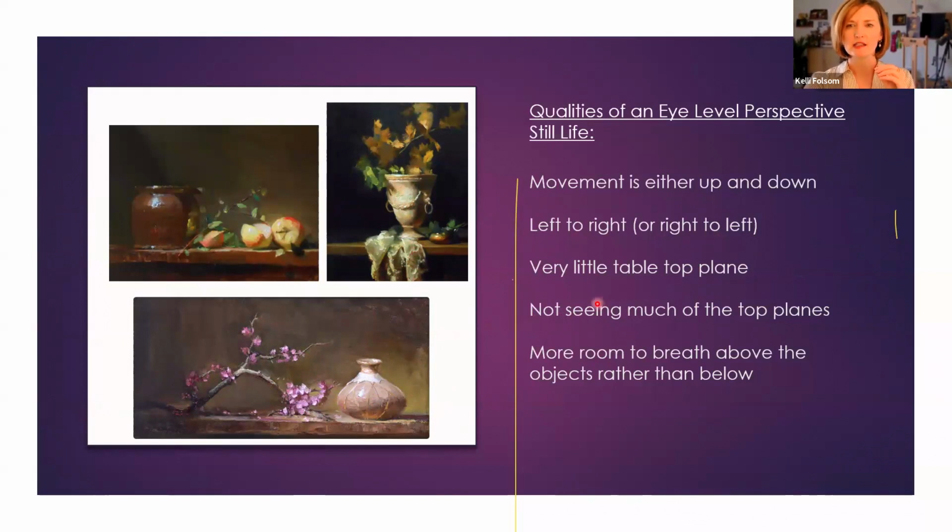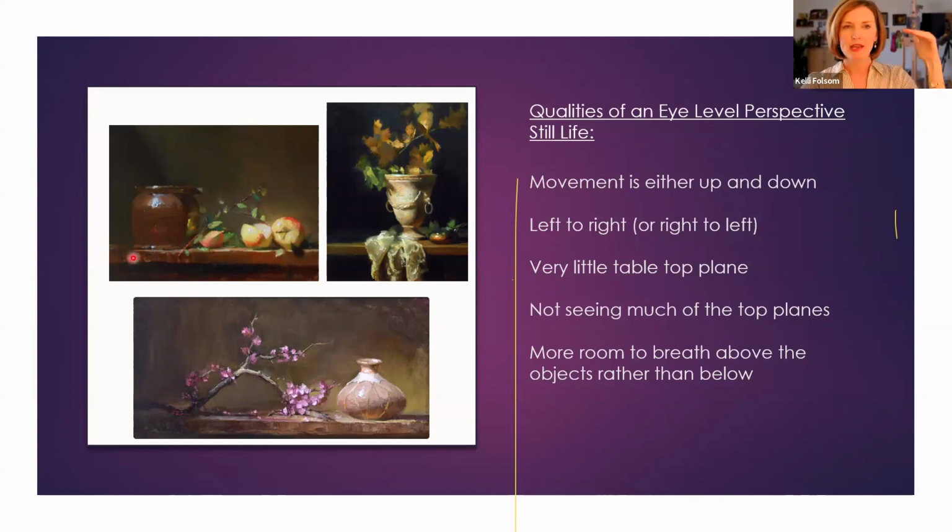Okay, so there is a very little tabletop plane, sometimes only a little sliver. And the tiniest sliver of the tabletop plane means that the composition is really at eye level. So your horizon line, like in landscape, in still life the horizon line is the back edge of your tabletop.